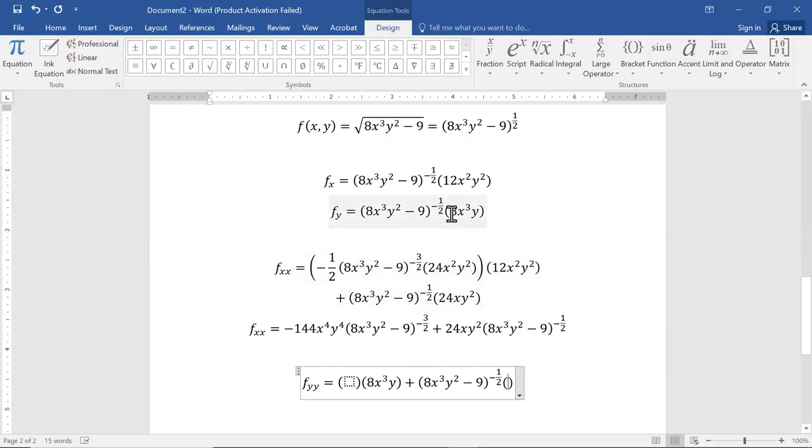Now, the second component, derivative with respect to y, is going to be 8x to the 3rd, because that's just a y to the 1st. So we're going to get 8x to the 3rd. What's the derivative of the first component? Well, we've actually mostly seen that. We take negative 1/2 out front.